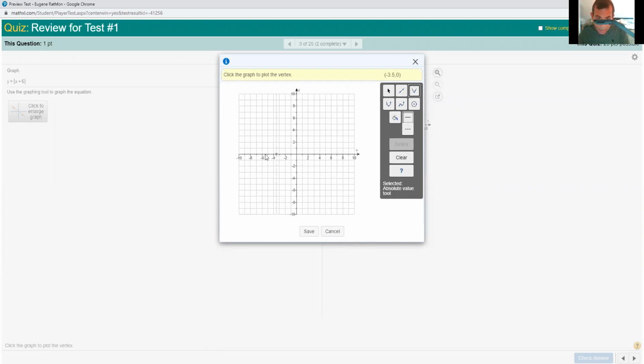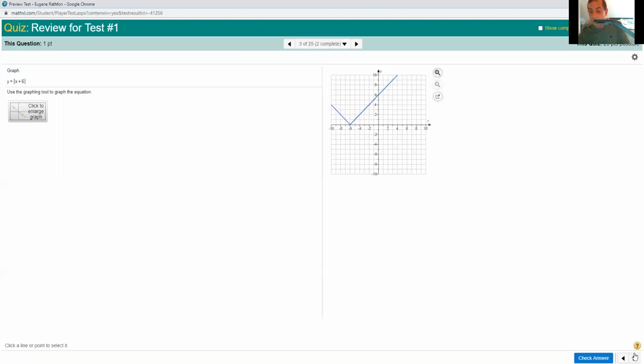So I'm going to go over here to -6, 0, click enter. And then now you only have to do one of the other points, and it'll draw the line for you. So I'm going to do my point that was -5, 1, right there. So it's drawn the whole graph. So we're good to go. So we save that, and then we move on.